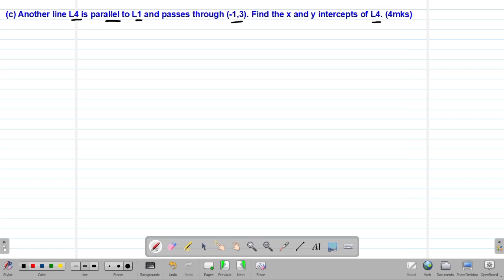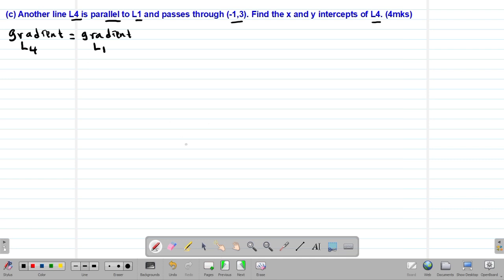We are told that L4 is parallel to L1. We know that parallel lines have equal gradients. Therefore, the gradient for the line L4 must be equal to the gradient for the line L1, because parallel lines have equal gradients.